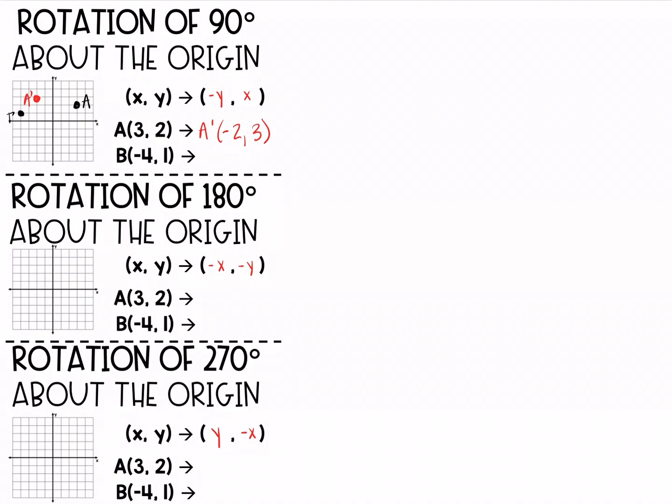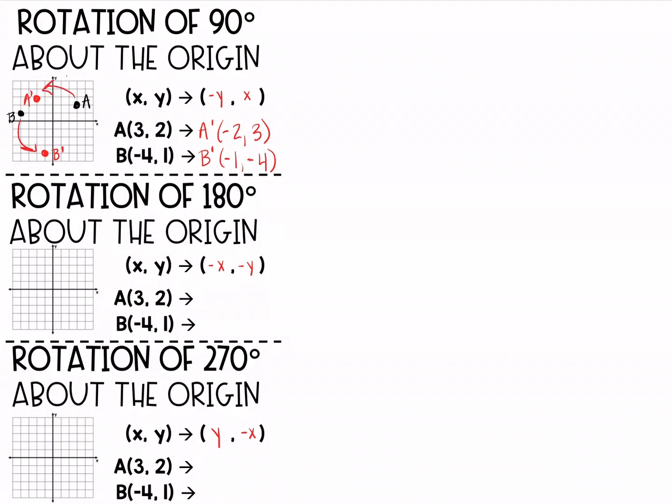So here's B, and they want us to rotate it 90 degrees. So B prime is going to be (negative 1, negative 4). So that would be negative 1, 2, 3, 4. So B prime would be right here.